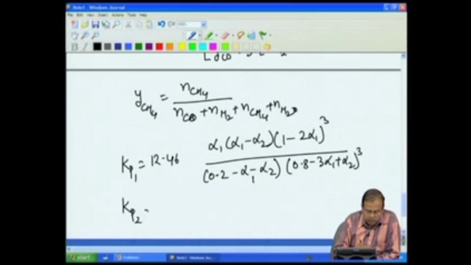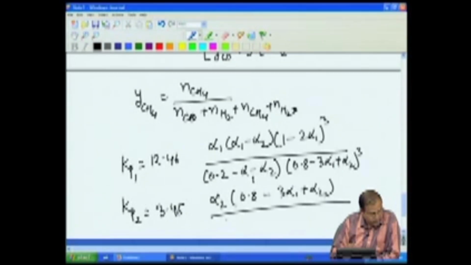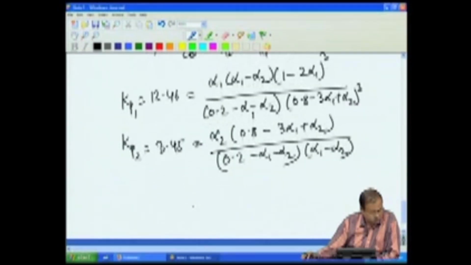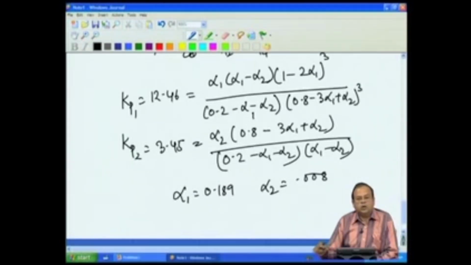Similarly, we will get another equation for Kp2, which is 3.45, which again will be in terms of alpha 1 and alpha 2: 0.8 minus 3 alpha 1 plus alpha 2 divided by 0.2 minus alpha 1 minus alpha 2 into alpha 1 minus alpha 2. So, we have two equations, two unknowns, non-linear equations. We can solve them and we get alpha 1 as 0.189 and alpha 2 as 0.008, and from that we can calculate the mole fractions.